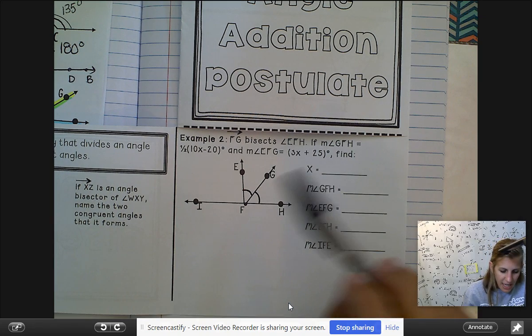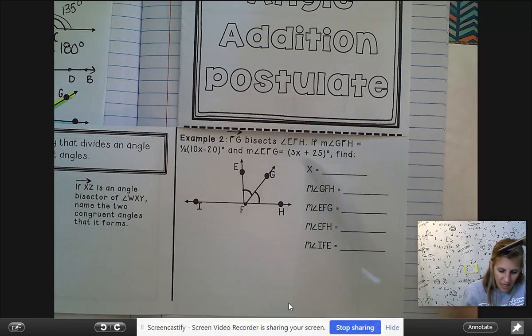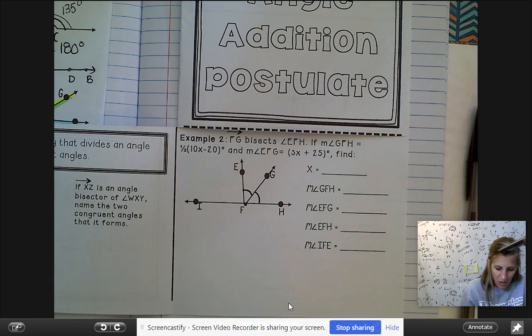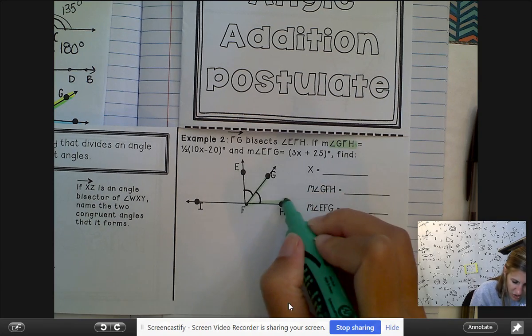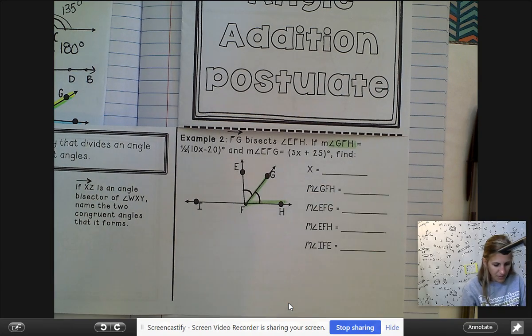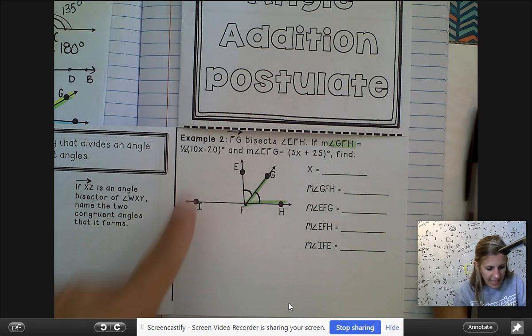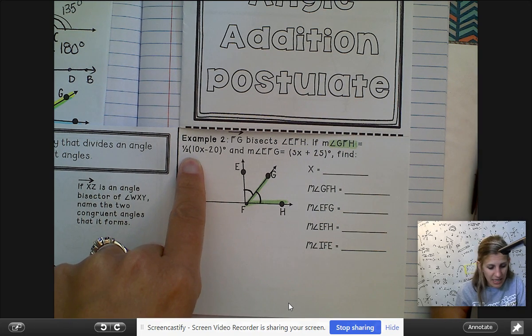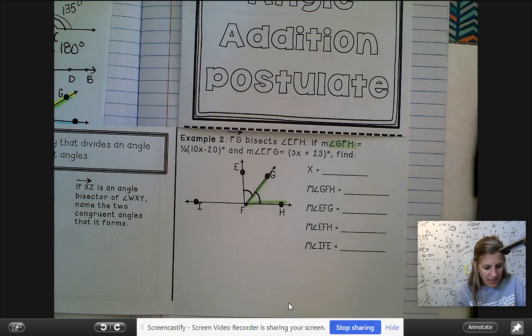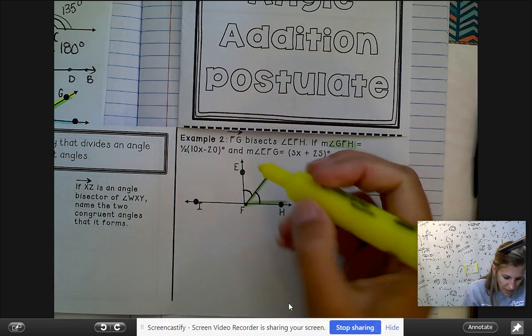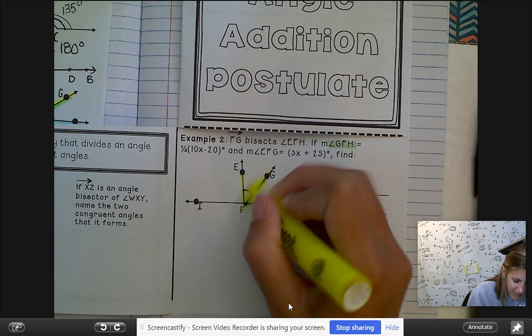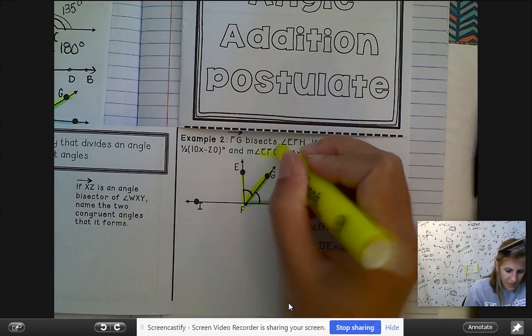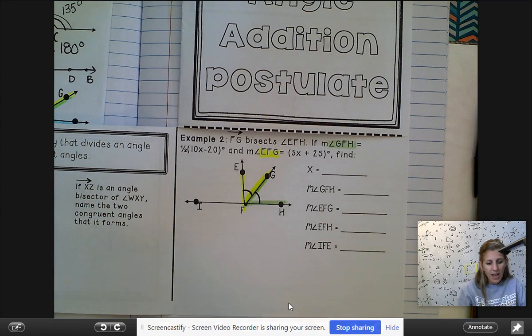If the measure of GFH, so that angle, is 1/2 (10x minus 20), and the measure of EFG, that angle, is 3x plus 25, find all these other things.